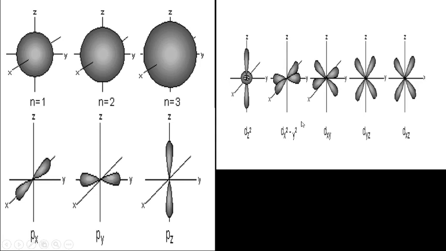So when they are between, we have x squared minus y squared, we have dxy, dyz, and dxz. And these are the 5d orbital structures. For UTME students, you will need this particular thing here. So it is necessary for you to know the types of suborbitals that exist in d orbitals.